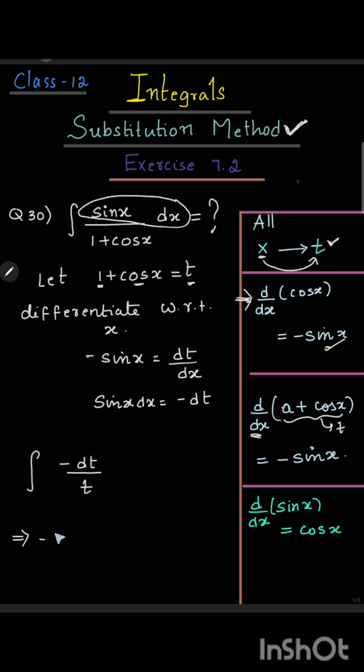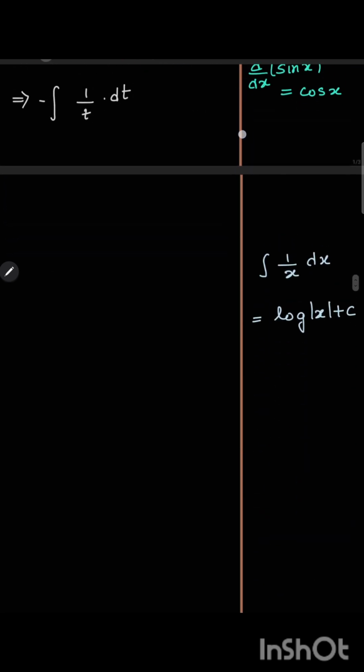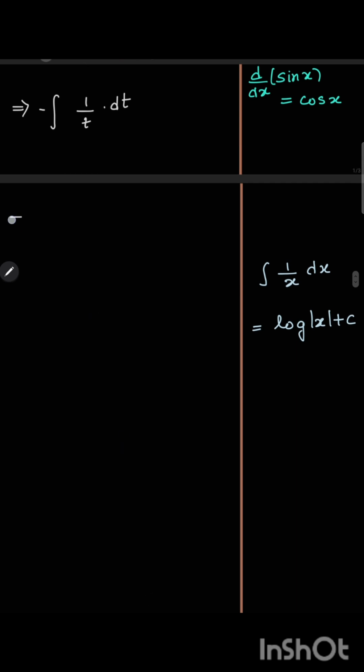Now let us take the minus outside. So minus integral of 1 by t with respect to t. Now the integral of 1 by t is the same as the integral of 1 by x with respect to x, so we write it as log of modulus of x. So here we write log of modulus of t plus c.